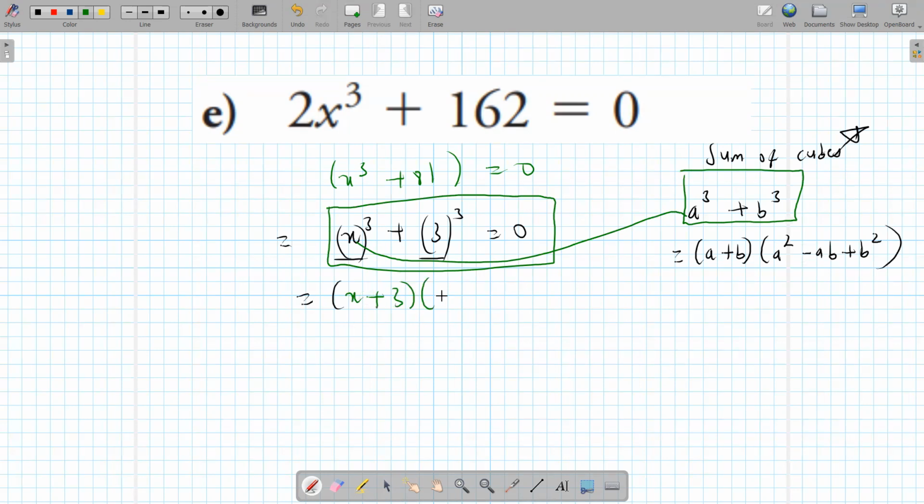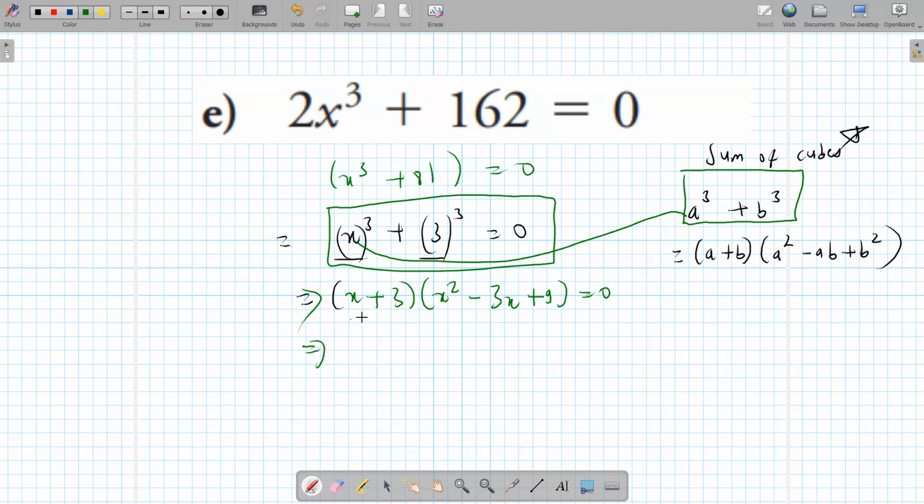The next thing is a squared. So what is that? X squared. The next thing is minus ab. So minus what? x times 3. Yeah, so that's 3x. What's the last term? 3 squared. Yeah, plus 9. Okay, and this is going to be equal to 0, you see?